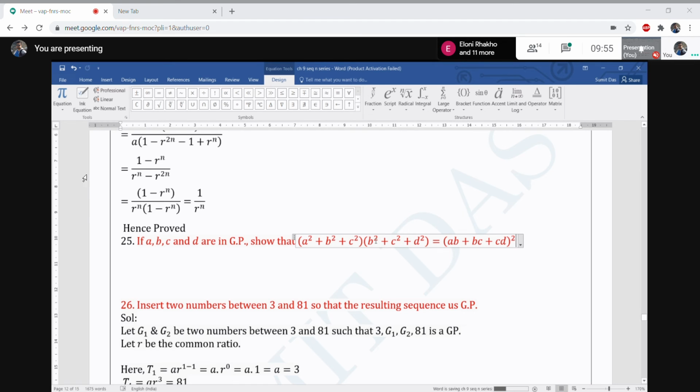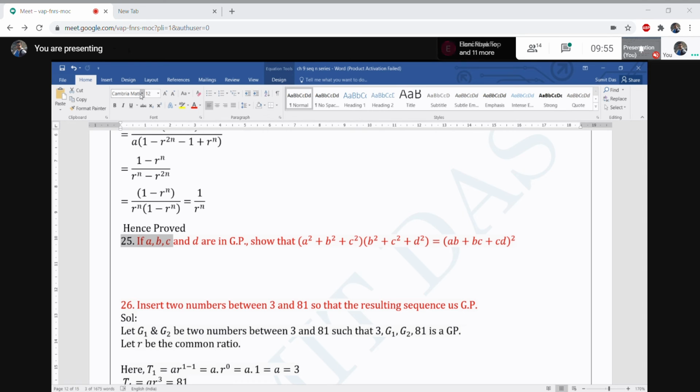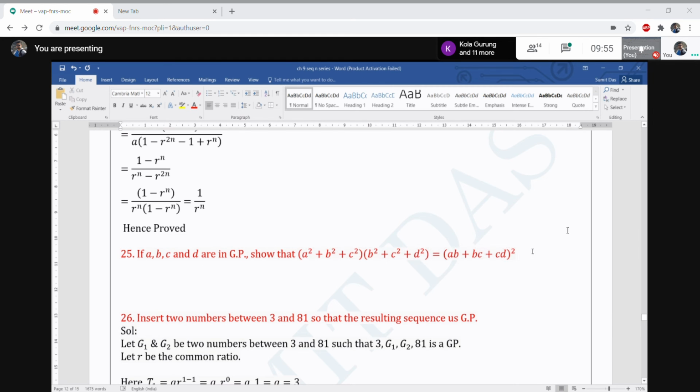That is what we have to show. So here also it is very easy.